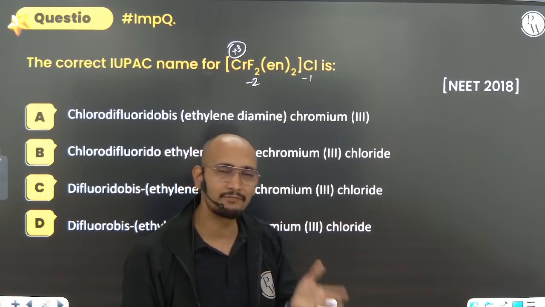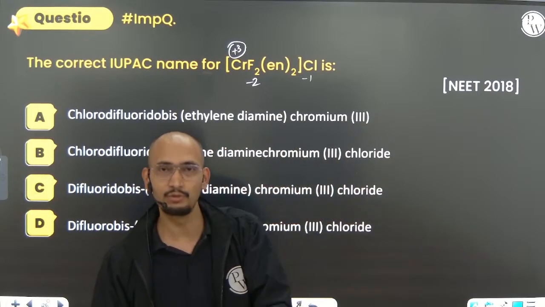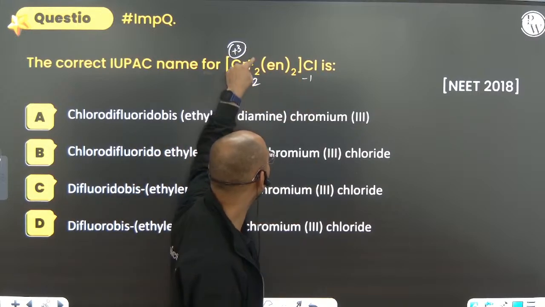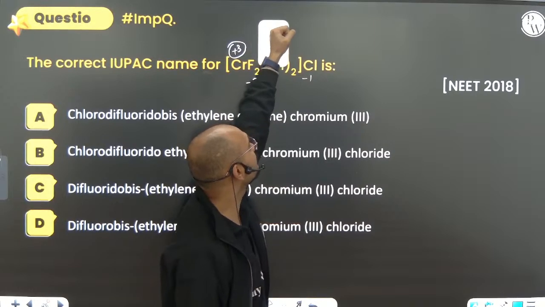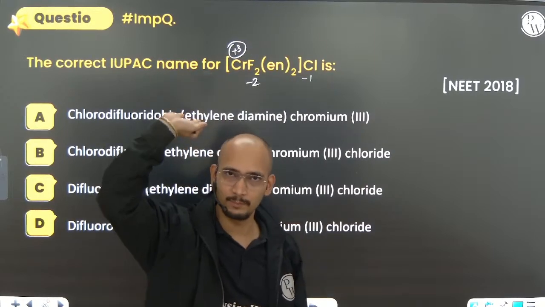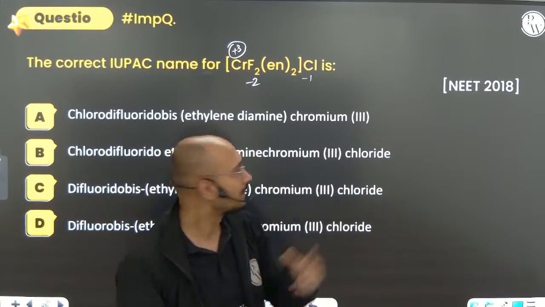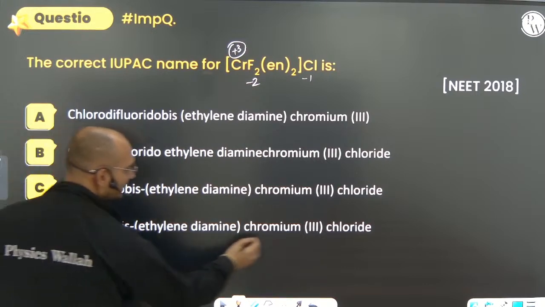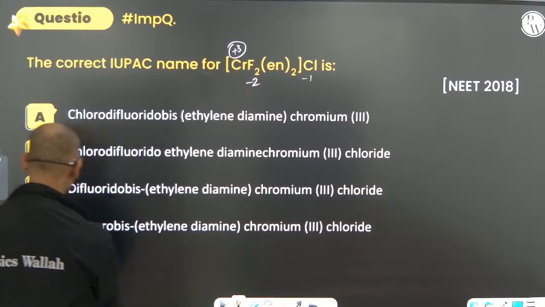Earlier it was told that first you have to use the negatively charged, then the neutral, and later the positively charged. So it is following this because fluorine is having -1 and ethylene diamine is having 0. That's why it is following the IUPAC rule from before 2004. So first fluoride is used and later this neutral ligand. Now, difluoro bis ethylene diamine chromium third chloride. So option D is the correct option.